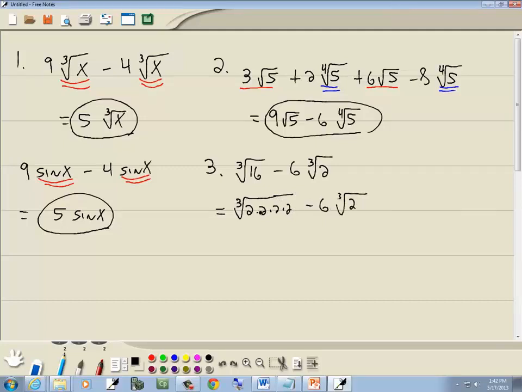Now our index is 3, which means looking for a set of 3 of something. Well, here's 3 2's, so those 3 2's are going to come out in front as a single 2. So we have 2 cube root of 2 minus 6 cube root of 2. Well, now notice that these cube root of 2's are exactly alike, so we can add or subtract the numbers that are out in front. In this case, 2 minus 6 gives us negative 4 cube root of 2.